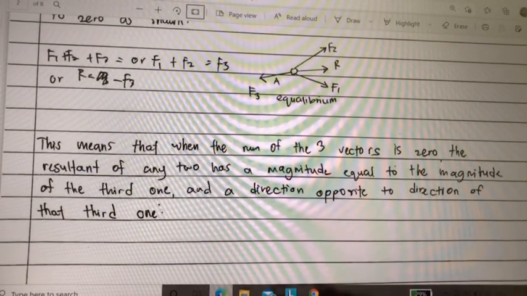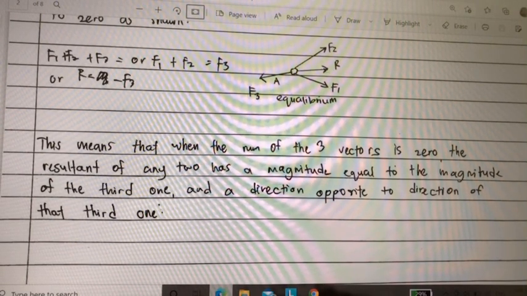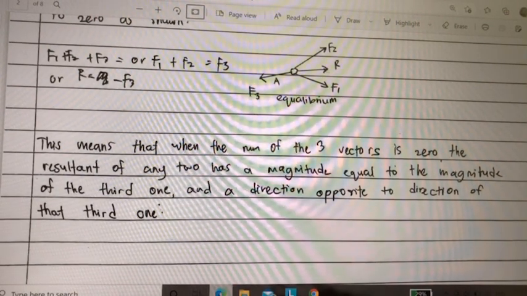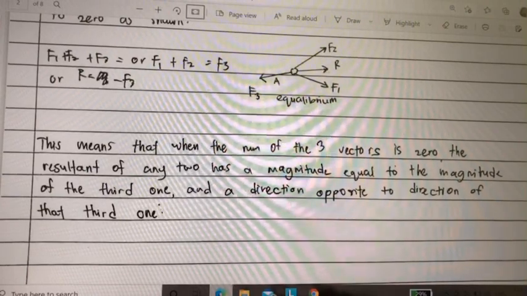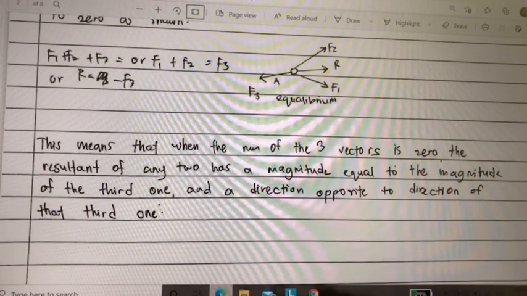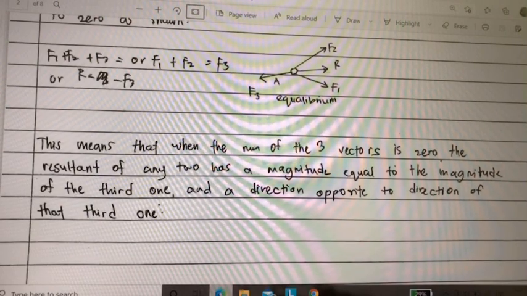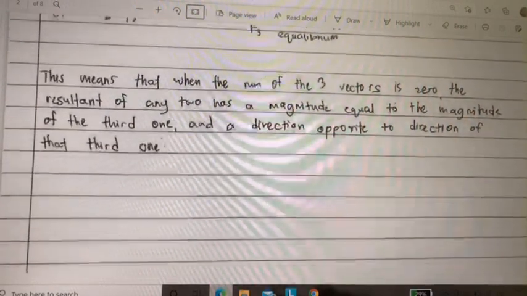F1 plus F2 plus F3 equals 0, or F1 plus F2 equals negative F3, or R equals negative F3. This means that when the sum of the three vectors is 0, the resultant of any two has a magnitude equal to the magnitude of the third one and a direction opposite to the direction of that third one.